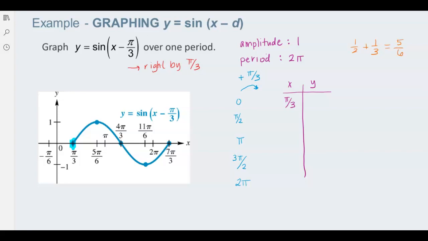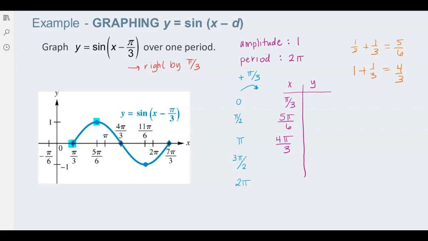And so we'll write this next value as 5 pi over 6. For the next one, we'll do 1 plus 1/3, and we'll get 4/3, and so we'll write the answer as 4 pi over 3. I'm just showing you the calculation that we do to get the 5 points.